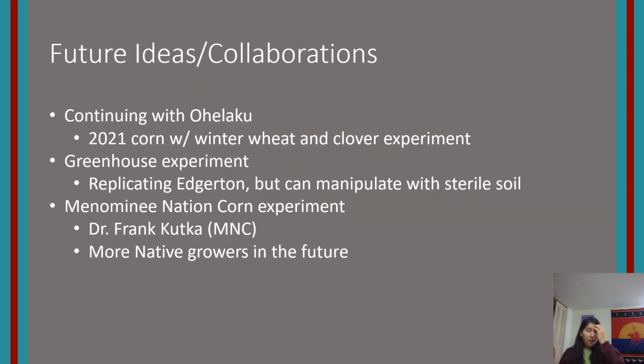And so that's sort of where we're at right now. I'm still working on a few more data with the cover crops, and I'm also processing a lot of the root samples in the lab right now to be sent off for sequencing. And so for this coming next field season, I'm still continuing my work with the Halagoo.